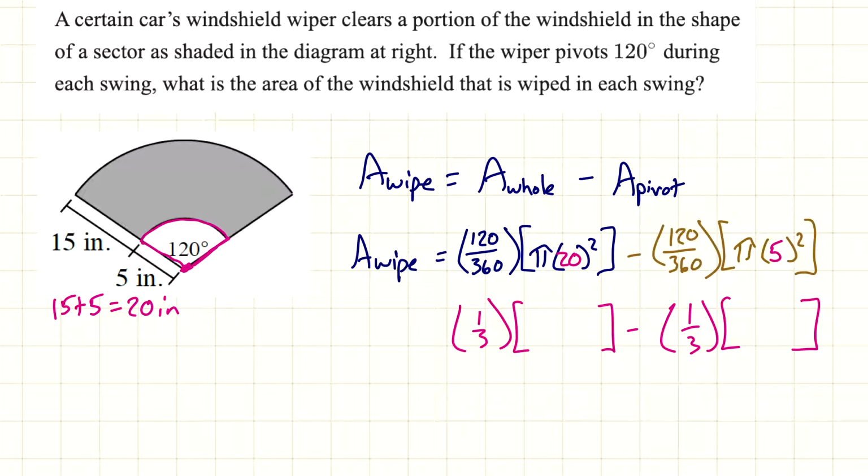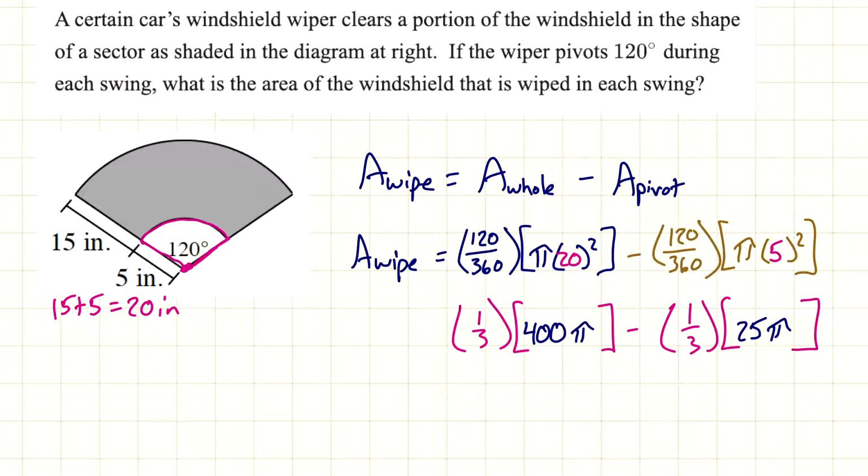Okay. Now we would focus on the squares. So we're going to do 20 squared is going to be 400. Don't forget the pi still's there. And then 5 squared is going to be 25 pi. All right.